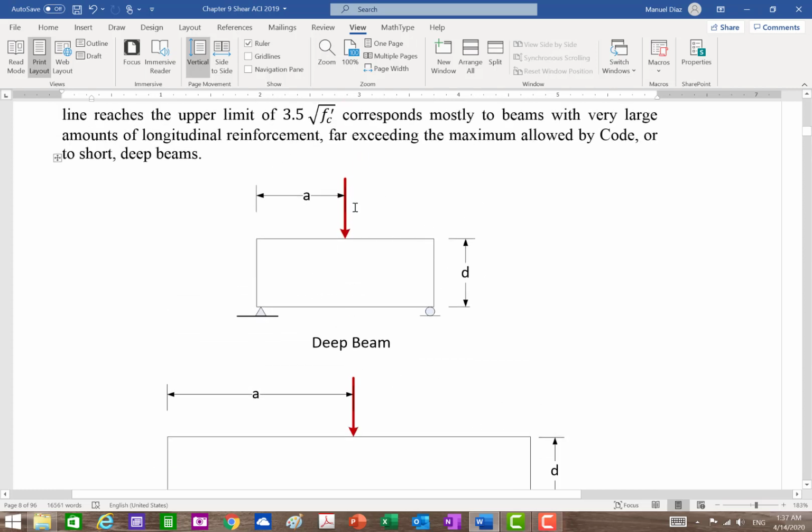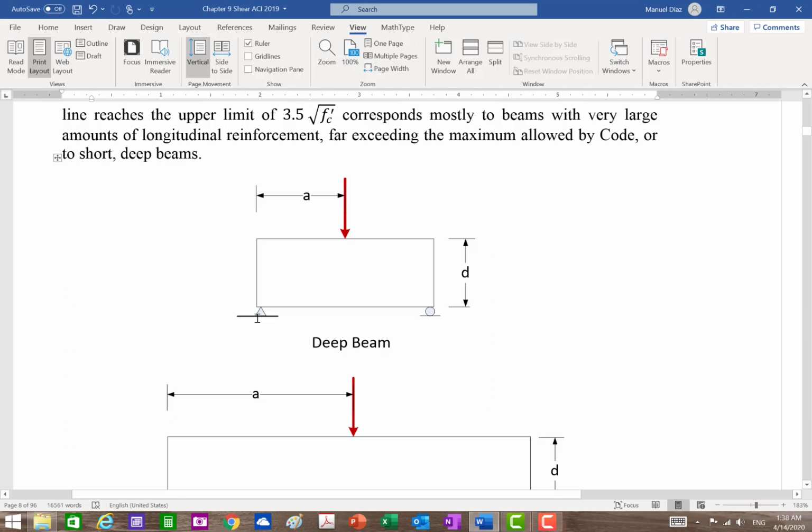Now, in most cases, we do not really have a point load, so you don't have an a value. But what you do have is a moment at that location, and its shear. So what we define as shear span ratio is your moment divided by your V. That gives you a shear span ratio for uniform loads.